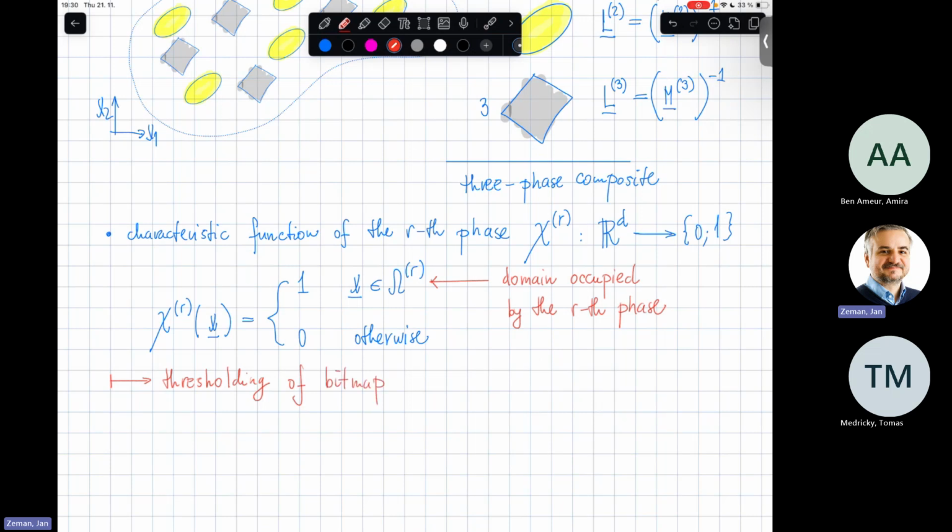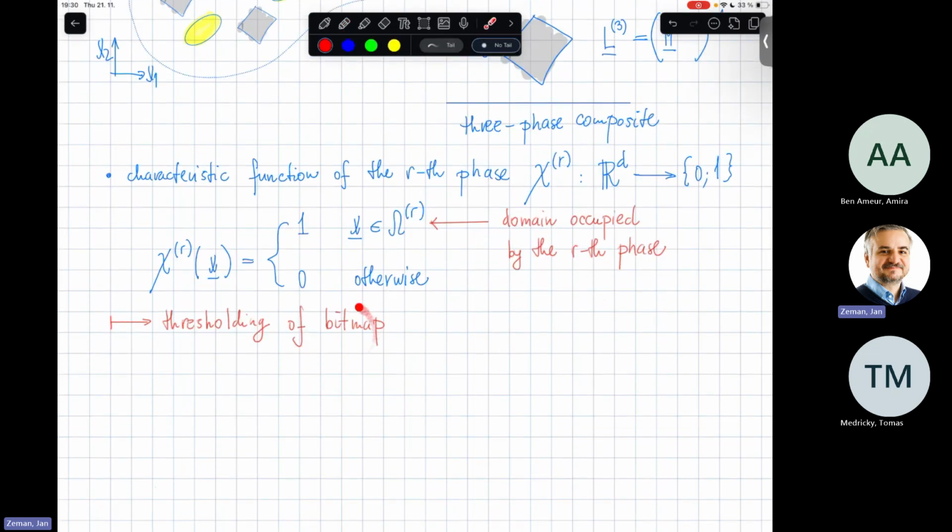Then the usual way to get a basic idea of how a microstructure looks is to perform something called thresholding, meaning that you say that, for instance, colors or the values of gray in a certain range are associated with one phase. You do this thresholding and you get a black and white bitmap, which shows you the places in which this phase is located or not. And this is precisely the graph of this function. So this is it, nothing super fancy.